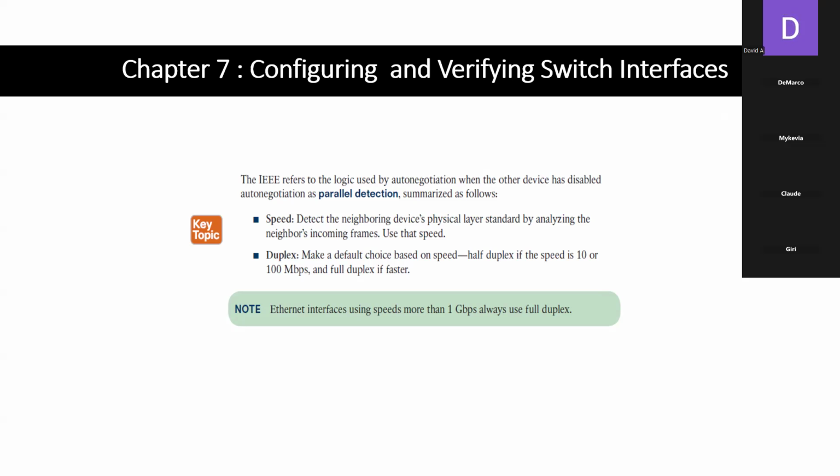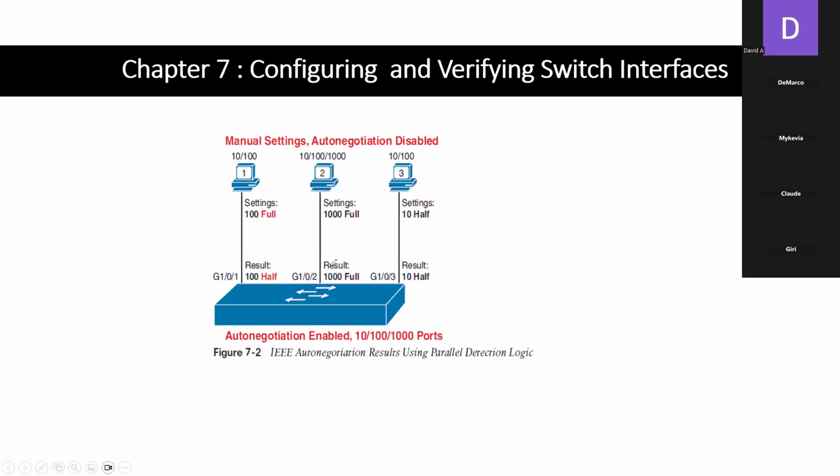To note, Ethernet interfaces using speeds more than 1 gigabit per second will use full duplex. This is just a diagram. I won't go over this one because I think I covered most of the logic. It shows what it looks like whenever auto negotiation is disabled on the other side. The switch has auto negotiation enabled.